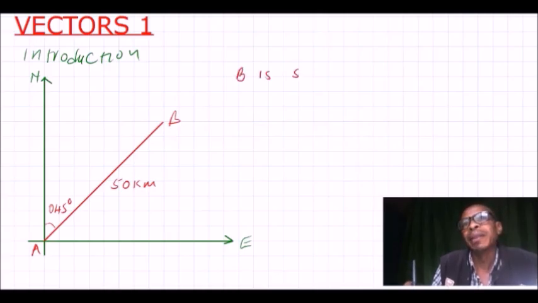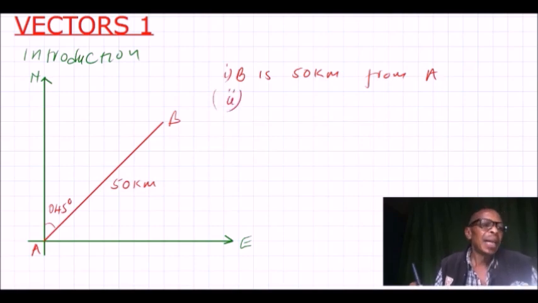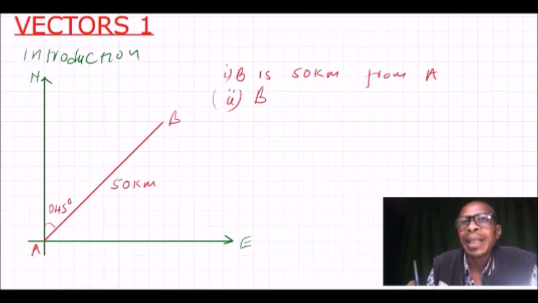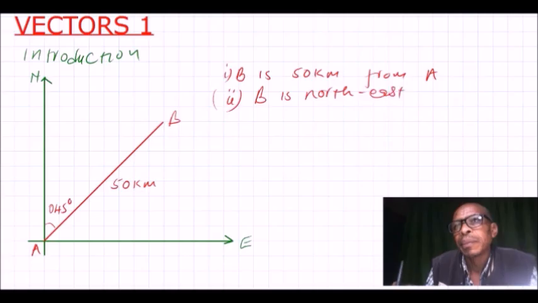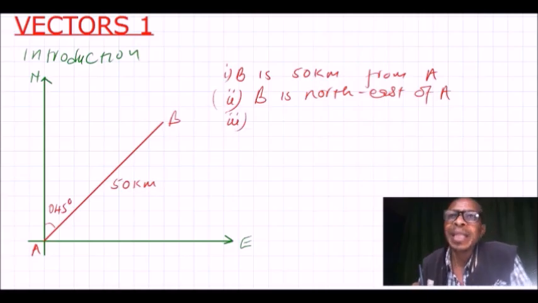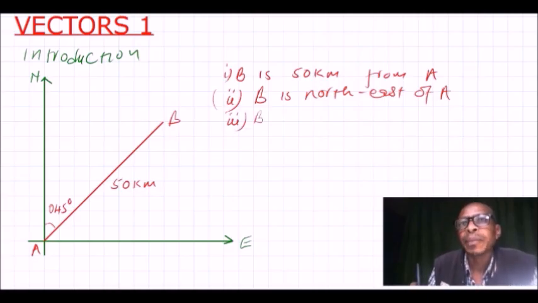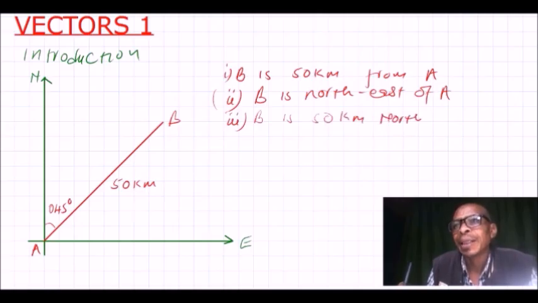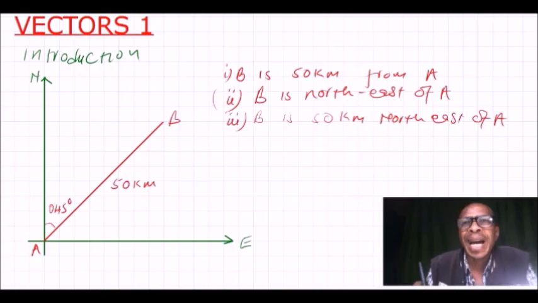B is 50 kilometers from A. That is one way we can describe B. The other one is B is northeast of A. And the other one we can describe is B is 50 kilometers northeast of A. So the third one best describes position B. Why?